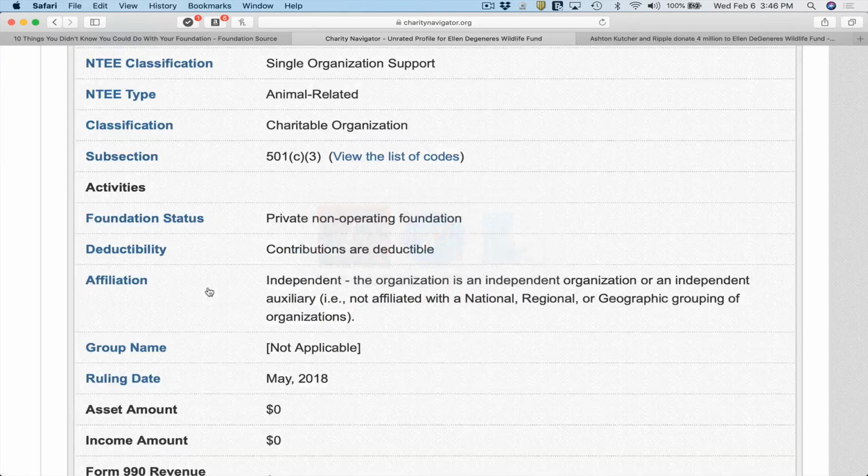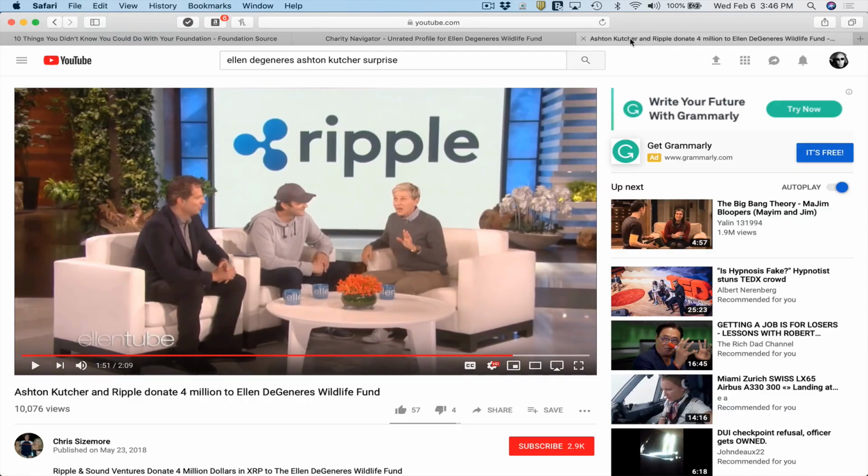That's right. Most likely, they're going to turn right around and invest that money back into Ripple stock, which now is all tax exempt. So when the Ripple IPO comes out, or when the stock skyrockets in value, they can sell it at a profit and not pay tax on that money.